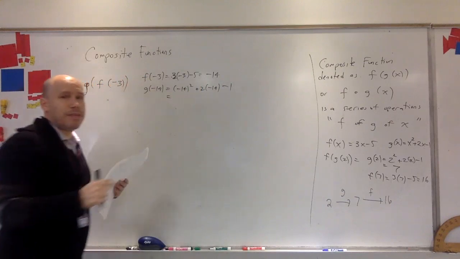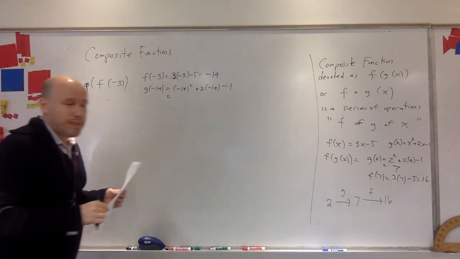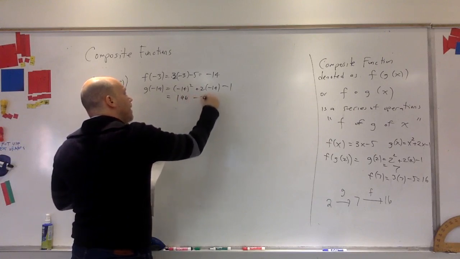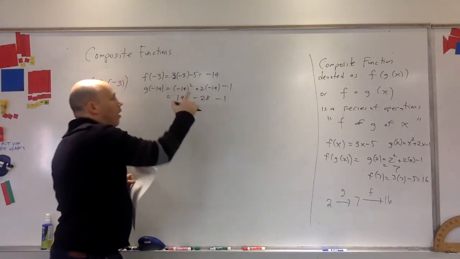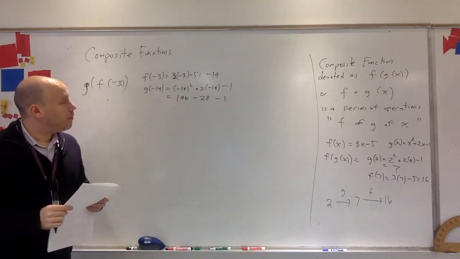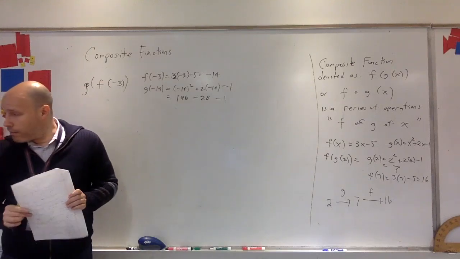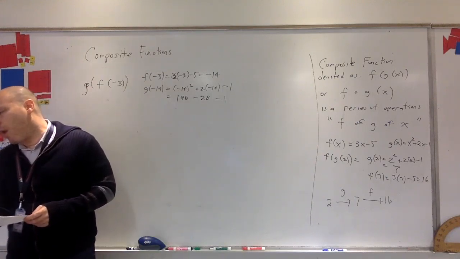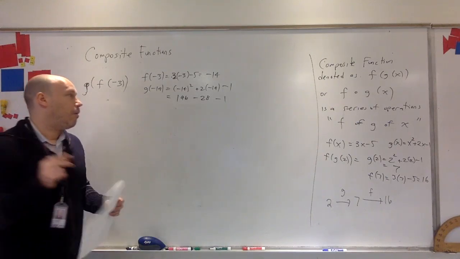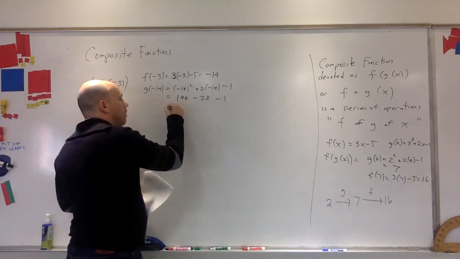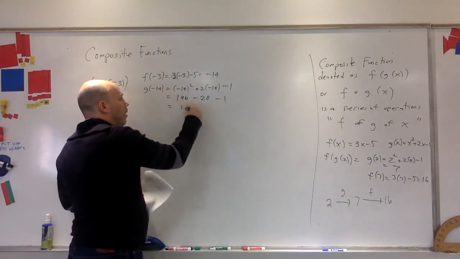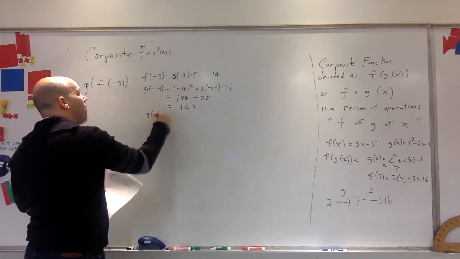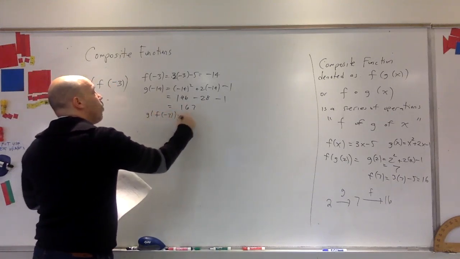Let's see, 14 times 14 is 196. Minus 28 minus 1. 196 minus 28 minus 1 is 167. So we say that g of f of negative 3 is 167.